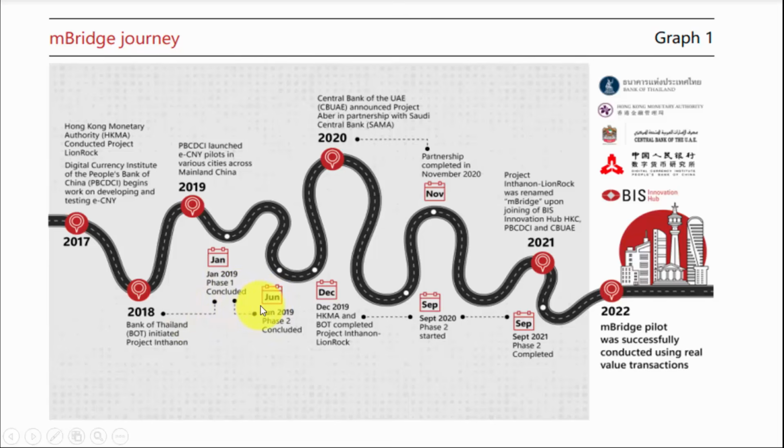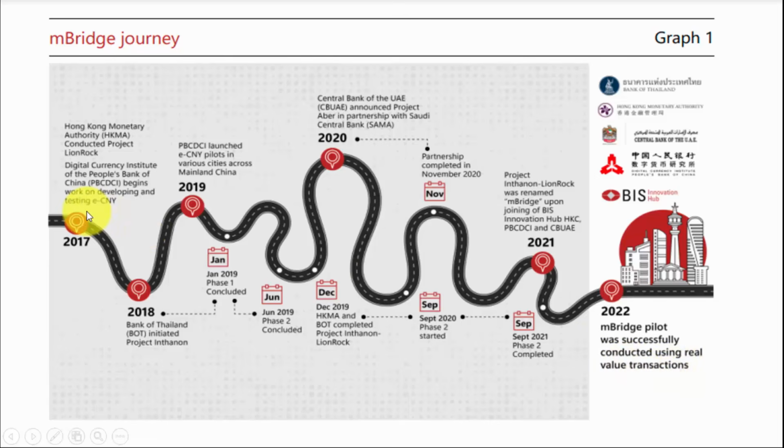There was phase 1, phase 2, and in 2020, the Central Bank of UAE announced Project Aber in partnership with Saudi Arabia. Okay, partnership completed in 2021. Project Inthanon-LionRock was renamed mBridge upon joining of the BIS Innovation Hub, and then in 2022, the mBridge pilot was successfully conducted using real value transactions.